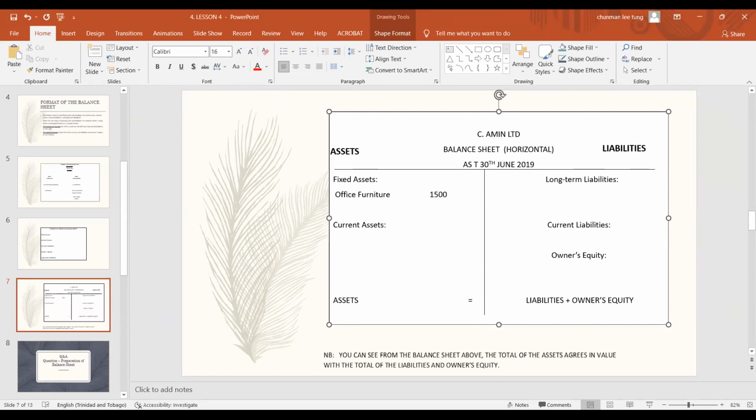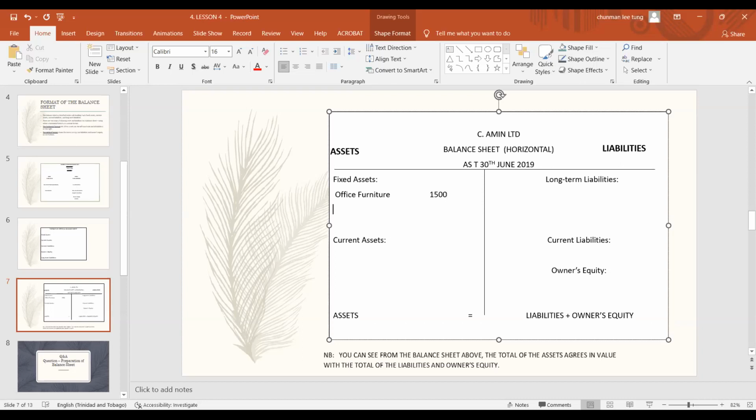If you look under the accounting equation, you see that $1,500 as the total. You are just taking your totals, nothing else other than your totals. So your office furniture is $1,500, and the other fixed asset is van, $10,000.